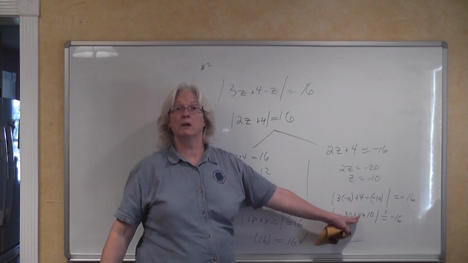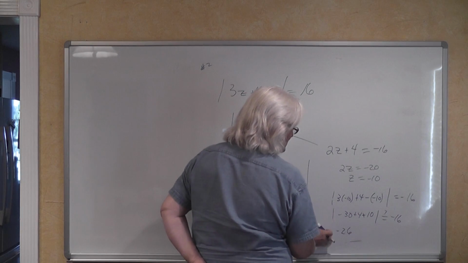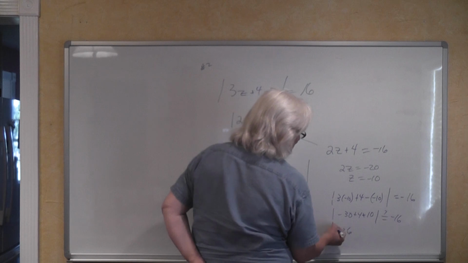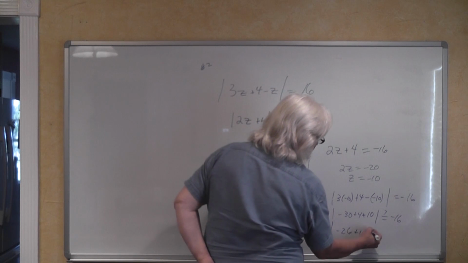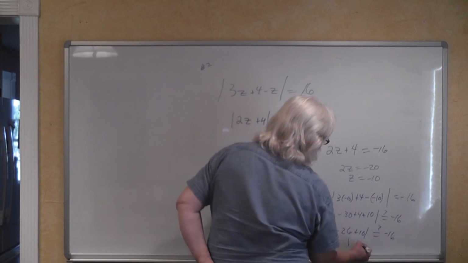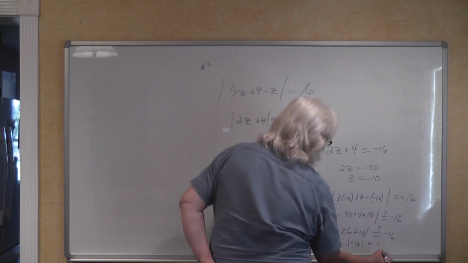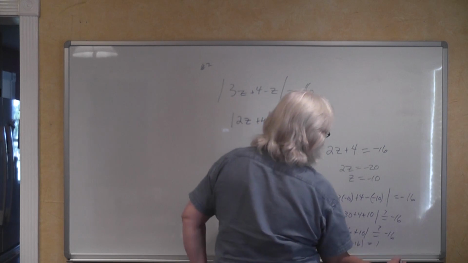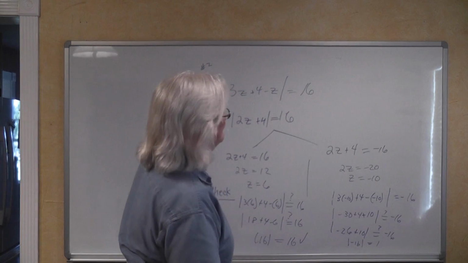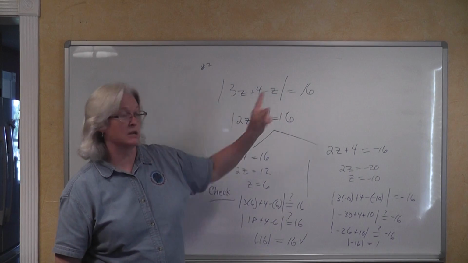Negative 30 plus 4 is a negative 26, plus 10 instead of the minus 10. Plus 10 is a negative 16. Yes, the absolute value of a negative 16 is equal to 16.